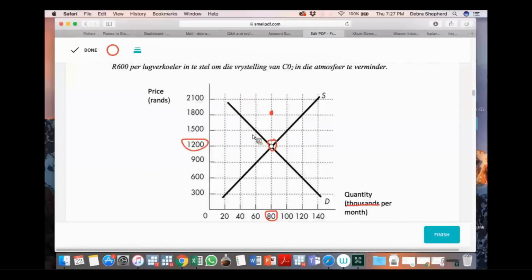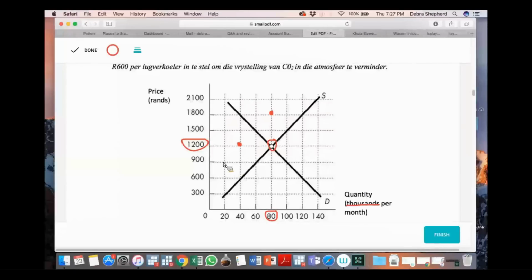We can then choose a second point. So let's go to this point here. 40,000 units would be supplied at a price of 600 Rand. With a tax of 600 Rand, that would make the cost plus tax 1,200.